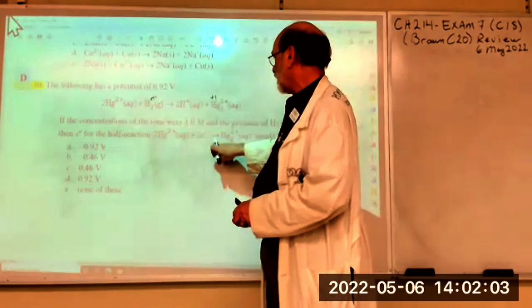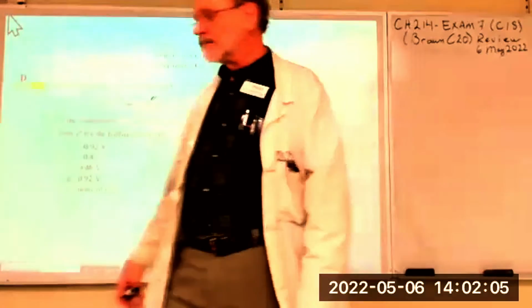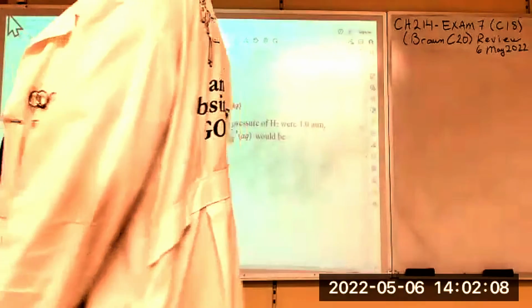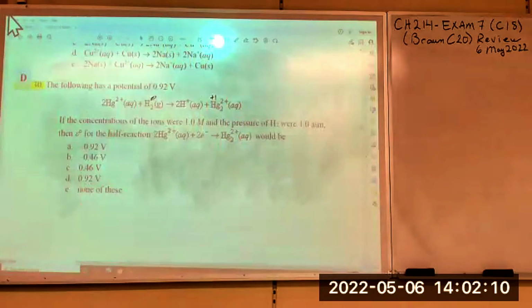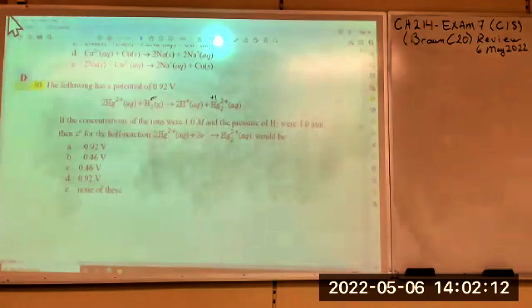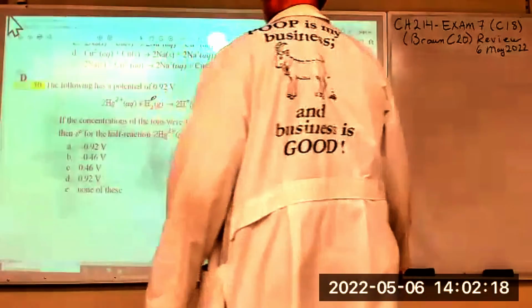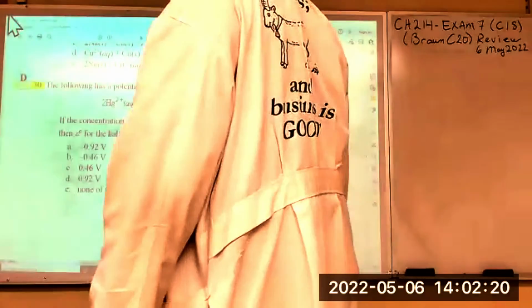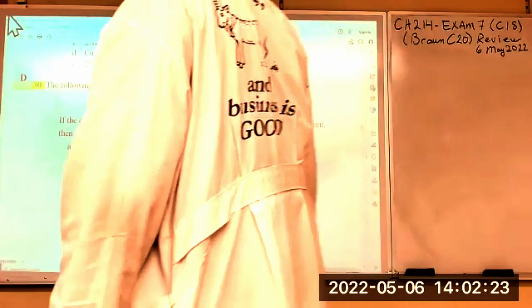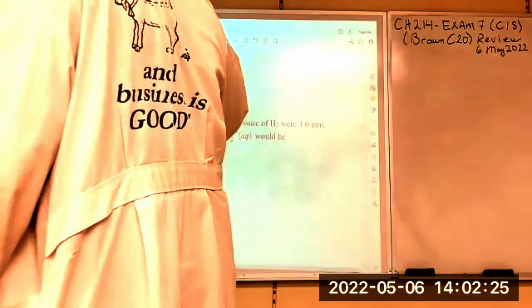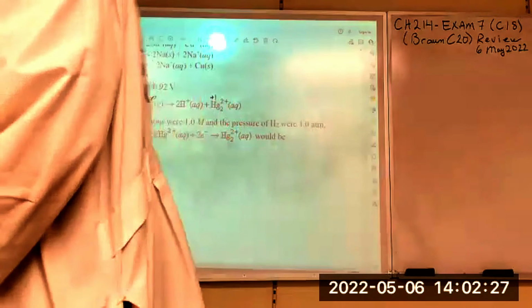The E0 for this half reaction, you just look it up. Here it is. Mercury 2 plus, plus 2 electrons, 0.80. Now, why is that not? Let me see, am I looking at the right one? Maybe I'm not looking at the right one.